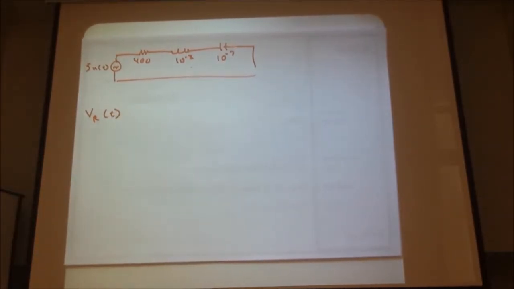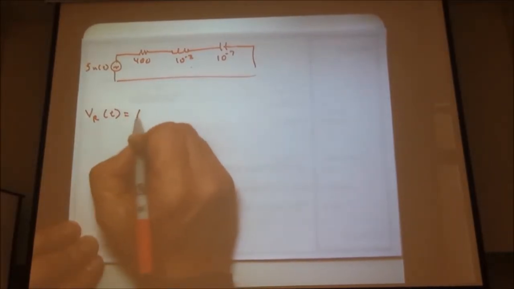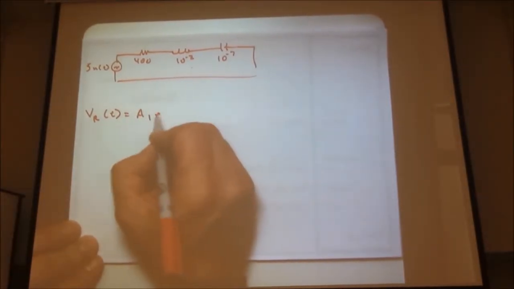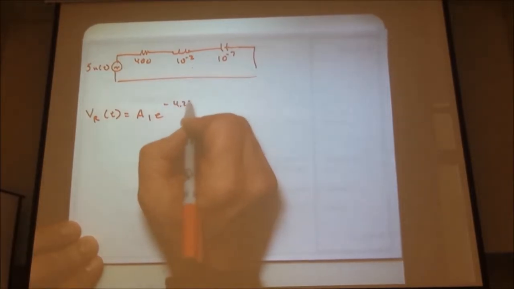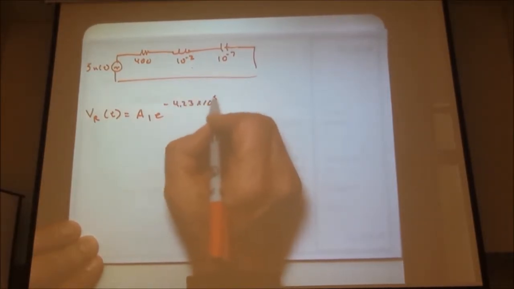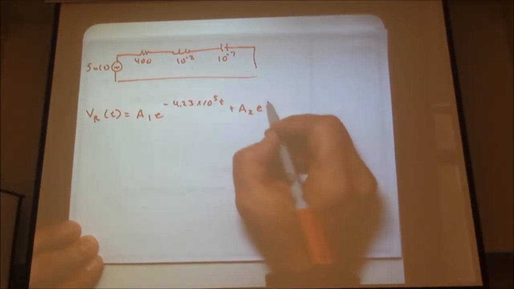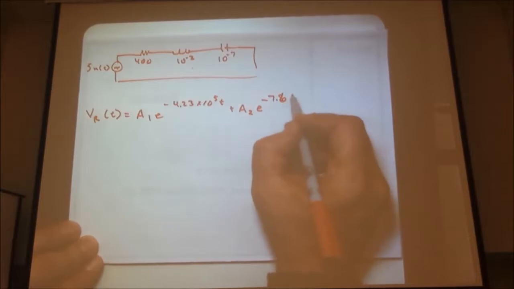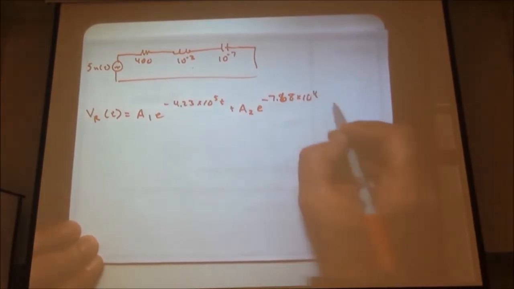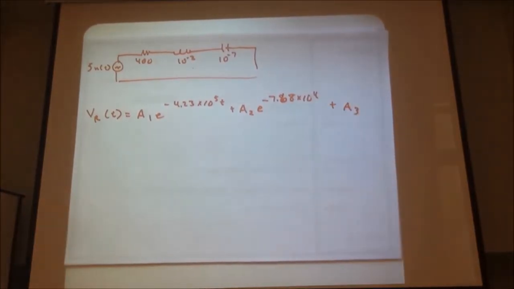We already kind of wrote this out. We know what the form is. We have A1 e to the minus 4.23 times 10 to the 5 t, plus A2 e to the minus 7.66 times 10 to the 4 t, plus A3.